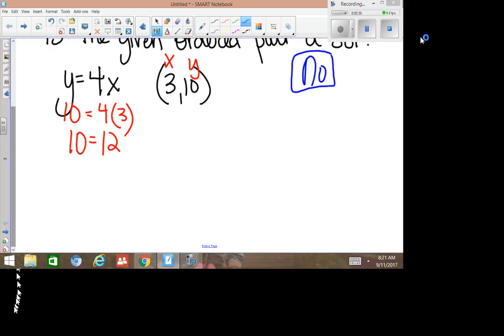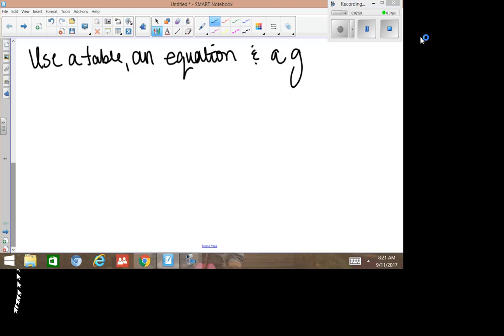Okay. I want you to write this with me. It's a word problem. And the directions are going to say, use a table, an equation, and a graph.